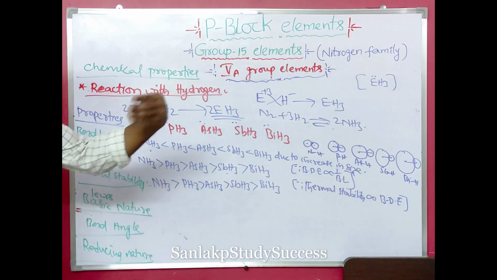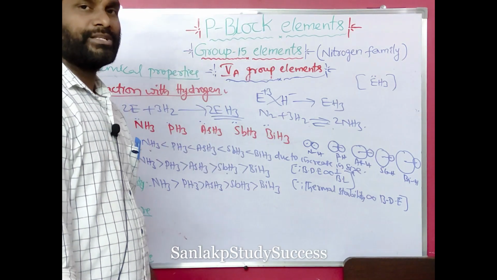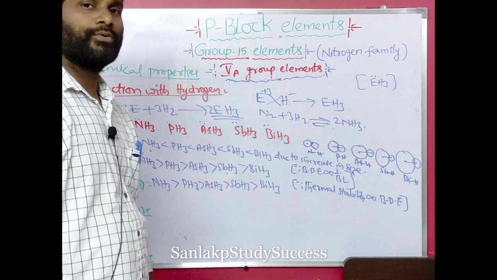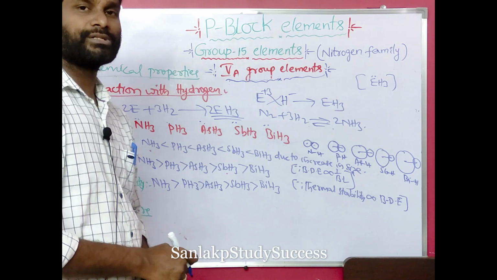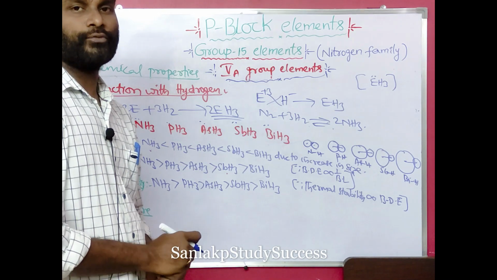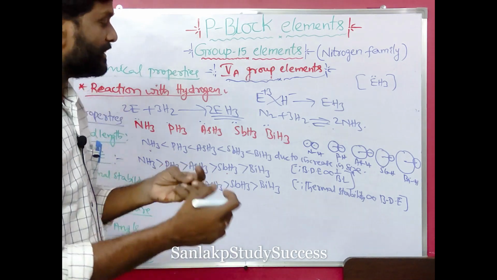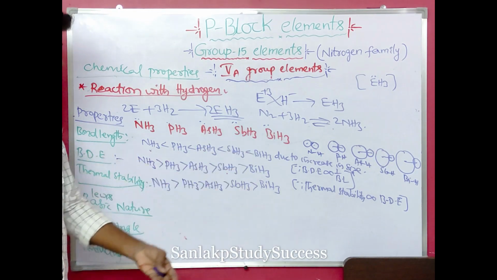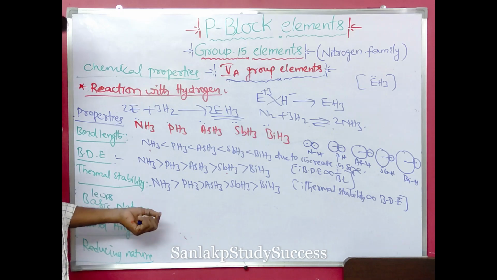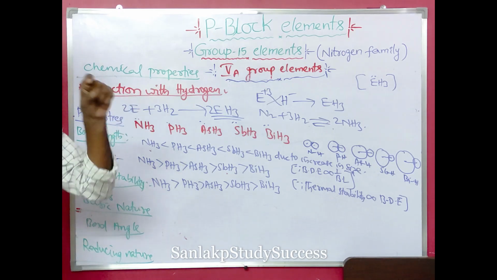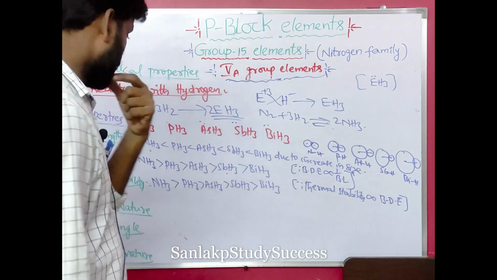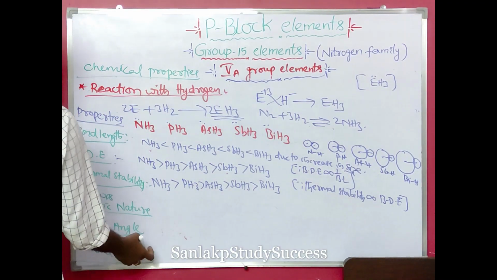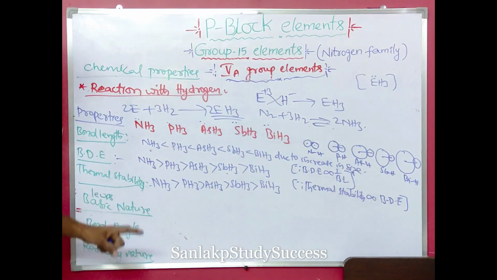But which is the stronger Lewis base? The Lewis basic nature is directly proportional to the ease of donation. That is different from the reducing nature concept, which is about easily giving hydrogen. This is the basic nature concept.